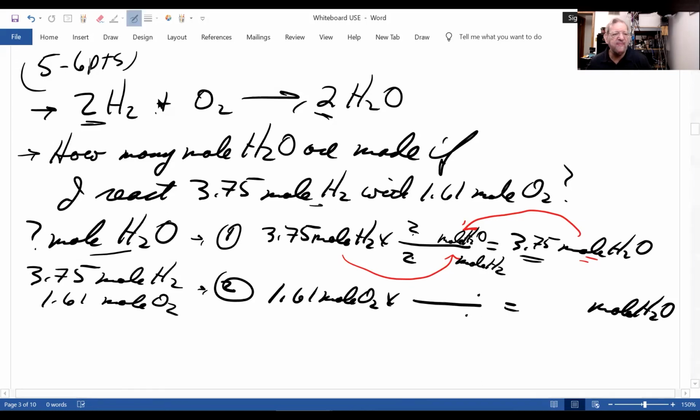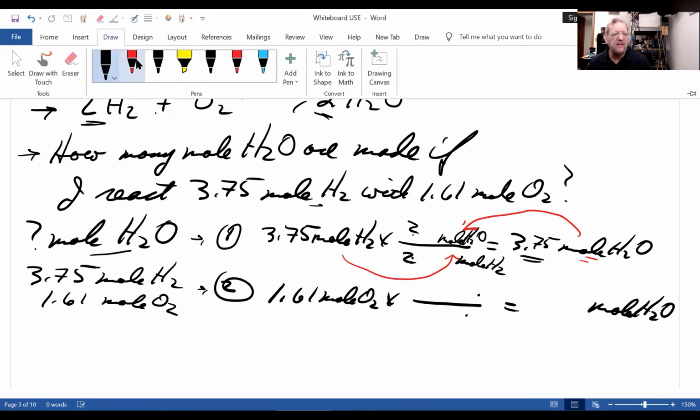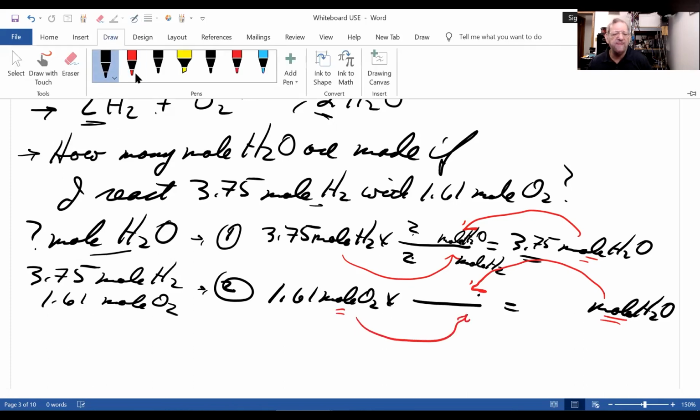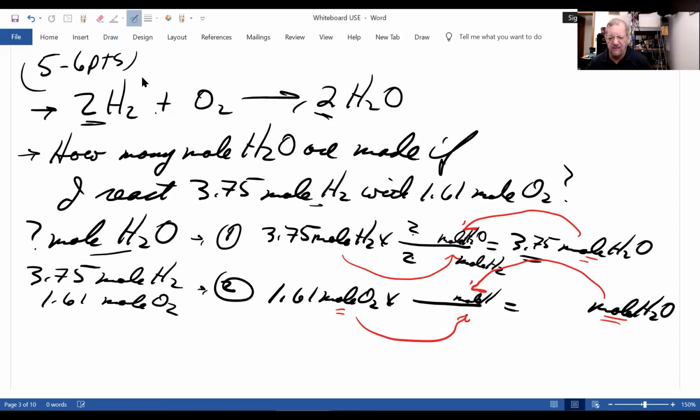Time's up. Use your good friend, unit analysis. Whatever I'm trying to get to goes on top of the ratio, whatever I'm trying to get rid of goes underneath. Moles of water on top, moles of O2 underneath.